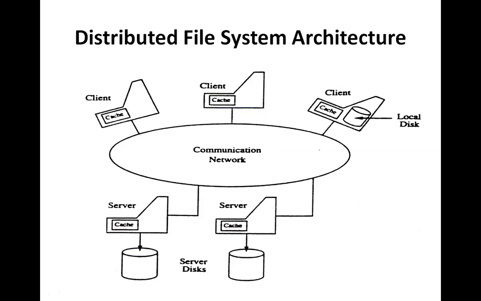And the rest of the machines present in the system can be used for computational purposes. Those machines which are used for computational purposes are referred to as clients. And the purpose of these clients is to access the files which are stored at the servers.